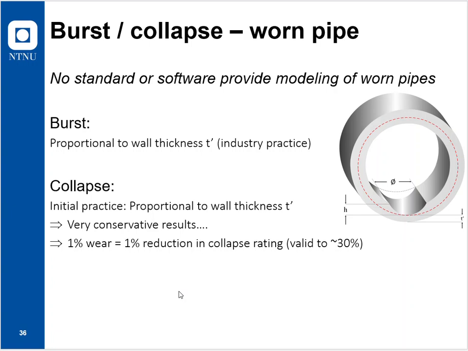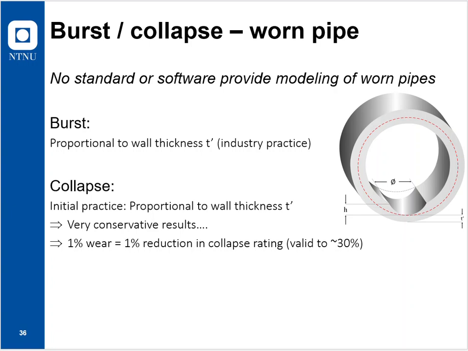So that means that at a certain point you will get another collapse mode just from the change in wall thickness. Yeah. So that being said, this is what the industry uses in its software.